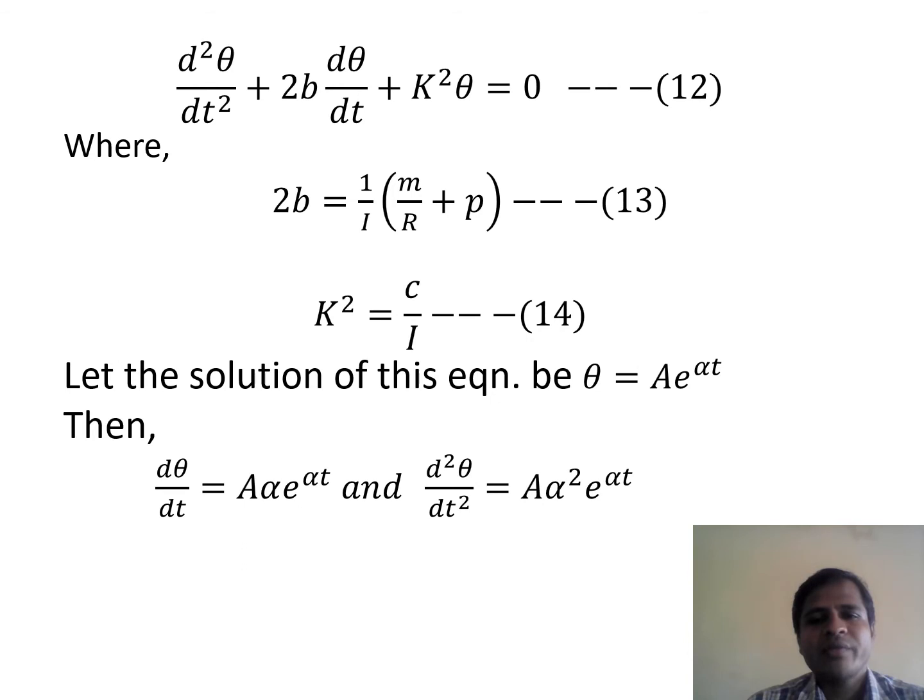Let the solution of this equation be theta is equal to a into e to the power alpha t, which is nothing but the displacement. So one time differentiation will give the angular velocity and two time differentiation will give the angular acceleration, that is d theta upon dt, the angular velocity, is equal to a into alpha into e to the power alpha t, and angular acceleration d square theta upon dt square is equal to a into alpha square into e to the power alpha t.